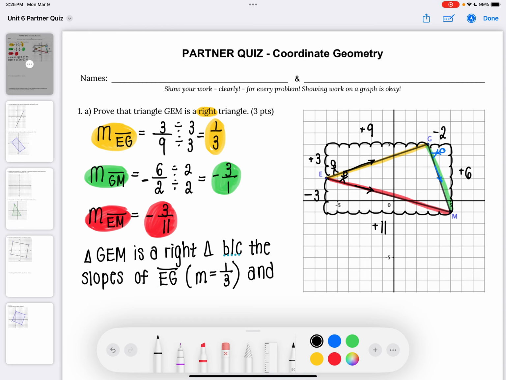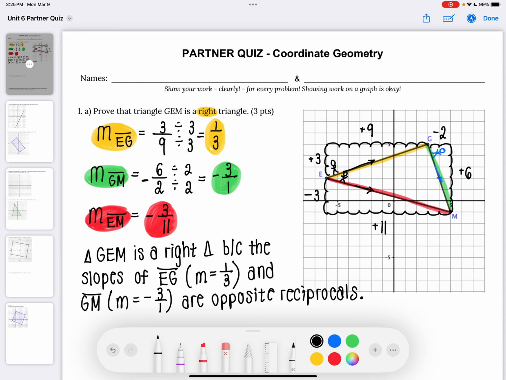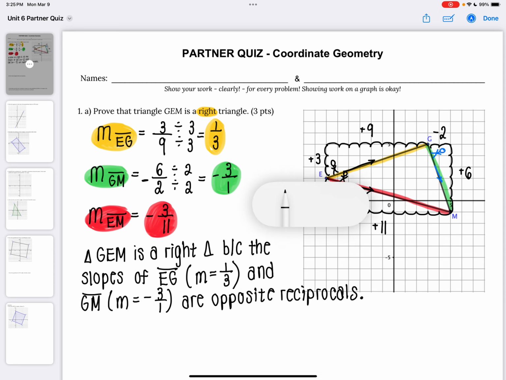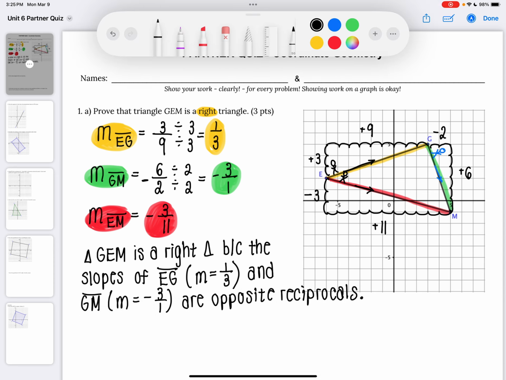And line segment GM with a slope of negative 3 over 1 are opposite reciprocals. And we know that opposite reciprocal slopes create a right angle because they are perpendicular line segments.